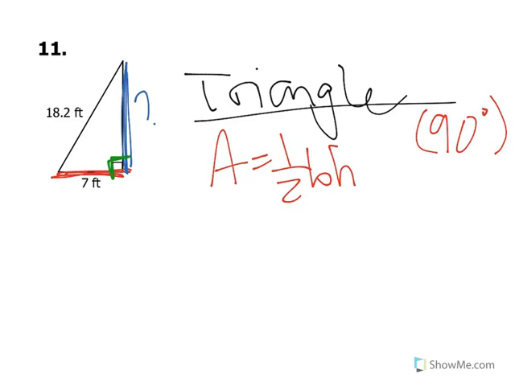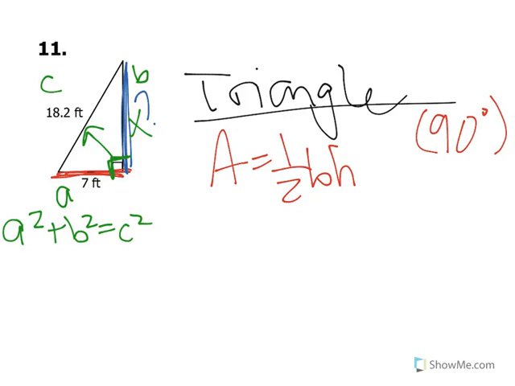So we've got this extra step in here that we're going to have to do from last chapter. We're going to do the Pythagorean theorem. So we're going to call that side x. This would be C, A, B. So Pythagorean theorem, a squared plus b squared equals c squared. 7 squared plus x squared is equal to 18.2 squared.